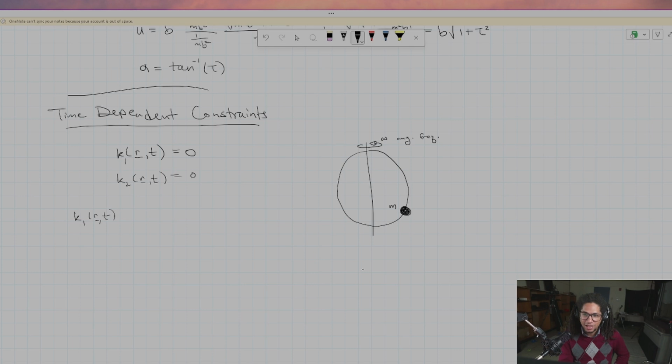Let's let k1 be our easy constraint. The plane of our bead must always be the one that has rotated by an angle omega times t, which means that our phi coordinate is always going to be omega t.